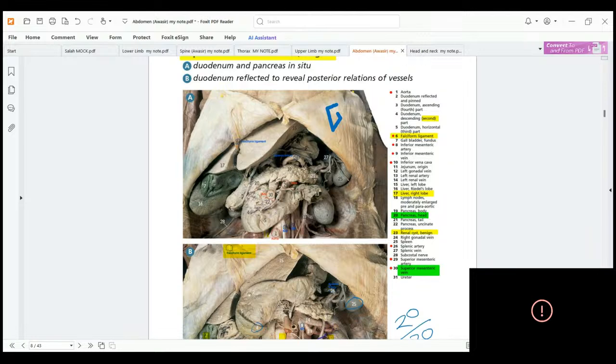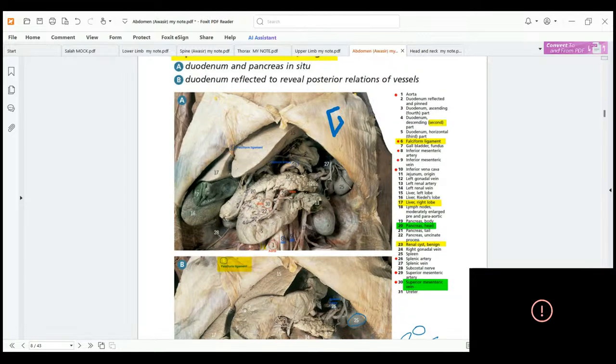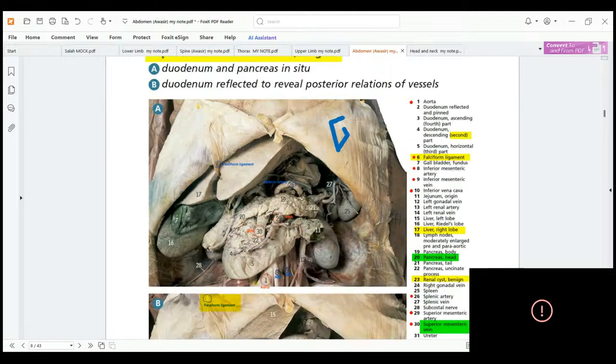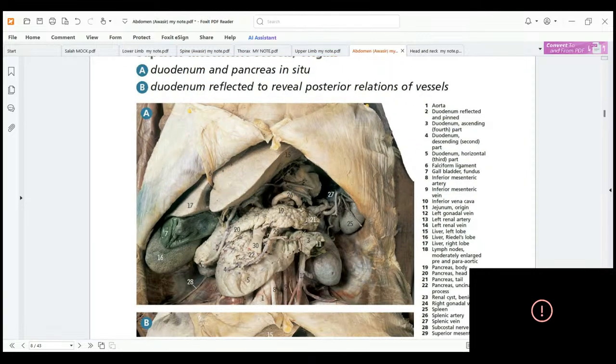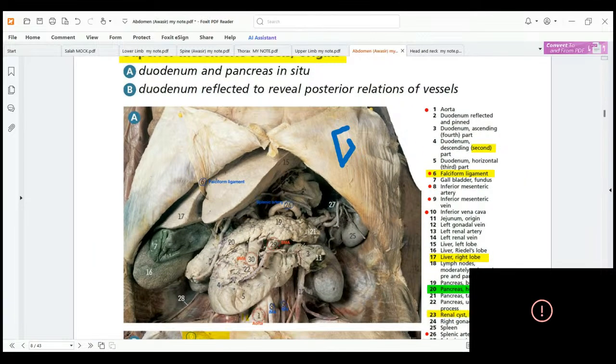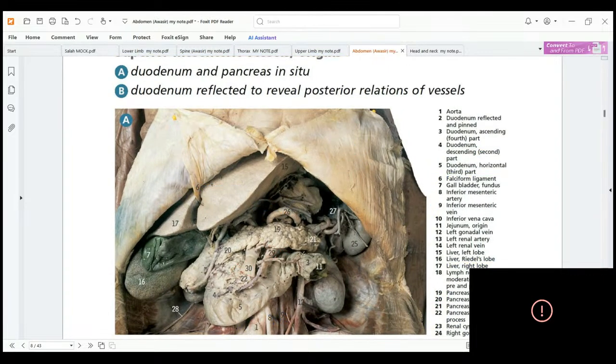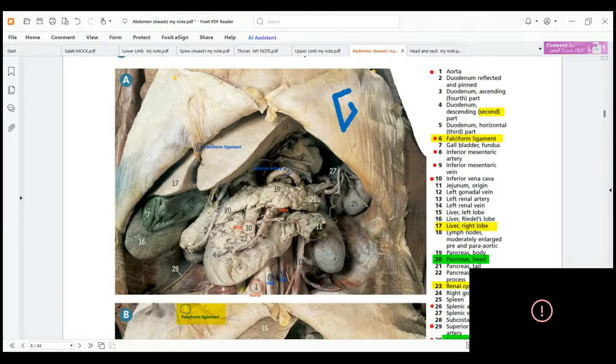And 8. 8 is inferior mesenteric artery. Aorta, inferior mesenteric artery. Yes.